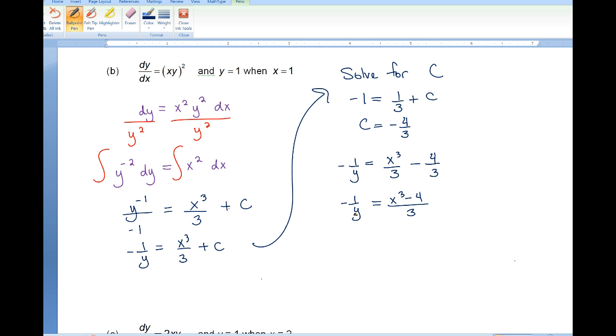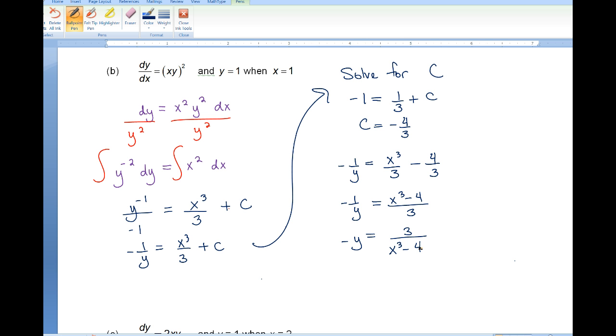So if I rewrite this, I could write this as negative y equals 3 over x cubed minus 4. Basically it's taking the reciprocal of both sides. It's the reciprocal rule.